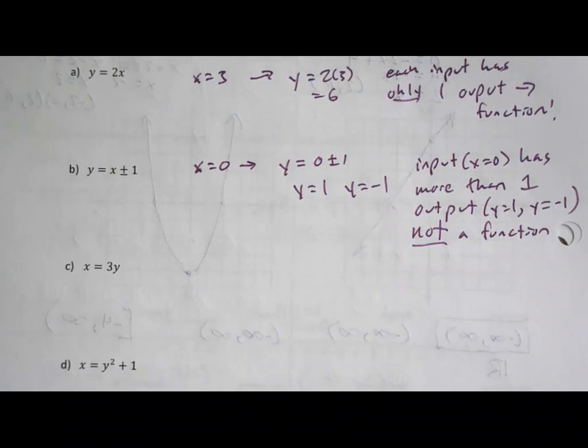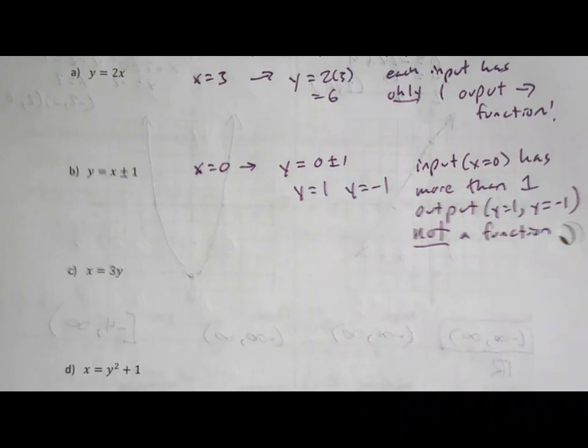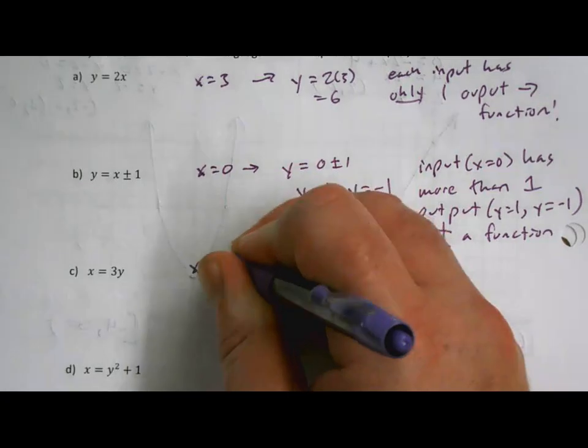All right. These next two are a little bit trickier because they're not y equals equations, they're x equals equations, but it's kind of the same idea. X is still the input, y is still the output for these. Someone give me a value of x. We've used 3, we've used 0. Give me something else. 7. X equals 7.